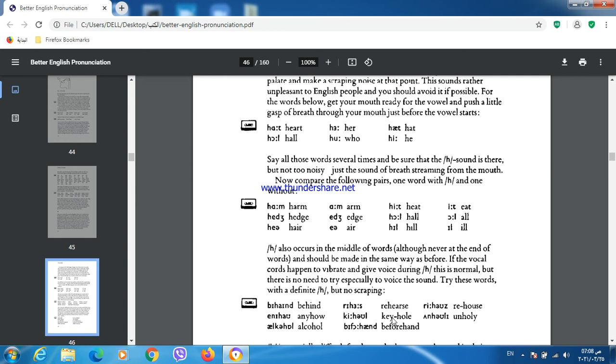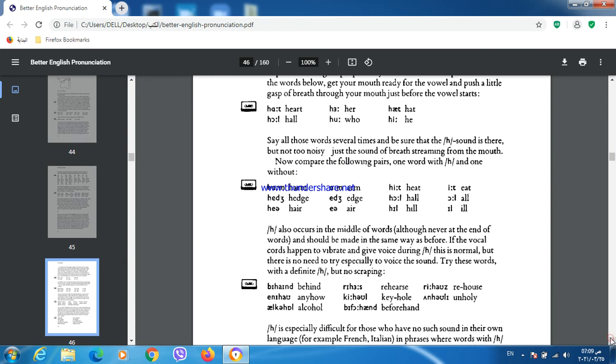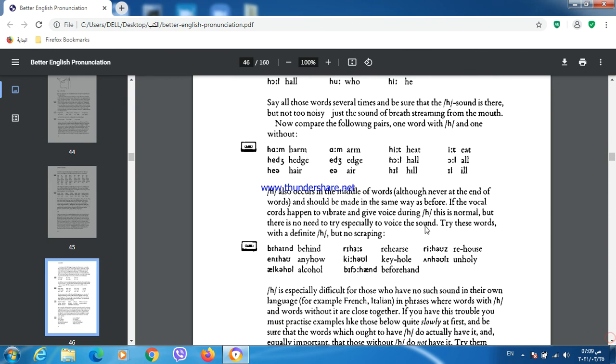Try these words with a definite h but no scrubbing. Here I have the h sound clearly, without pronouncing it at the back of the mouth, between the back of the tongue and the soft palate, so that it is not produced with much noise, which, as I said, is not preferred by English people.